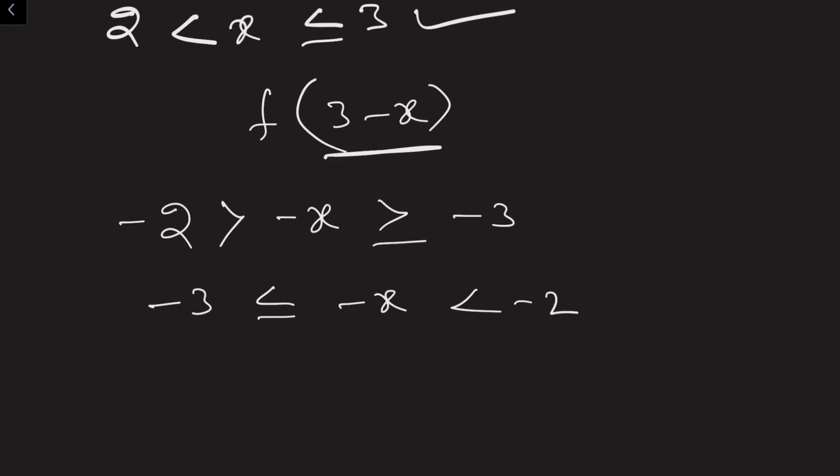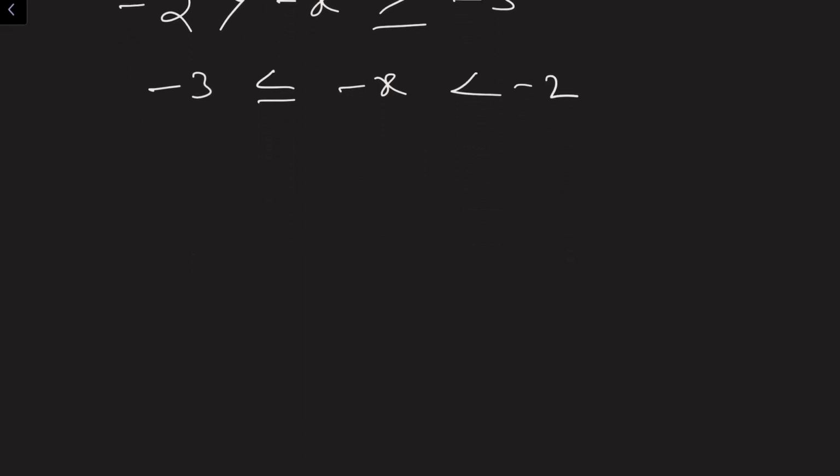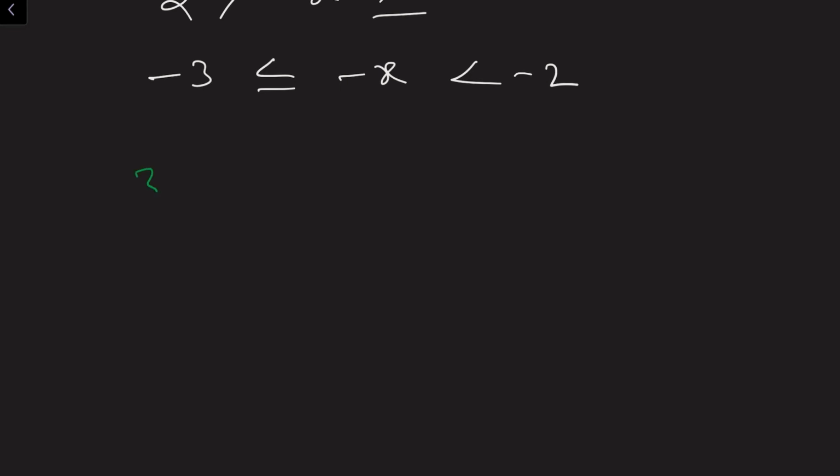Now here I want 3 minus x, so for that I am adding 3. Then it will become 3 minus 3 less than or equals to 3 minus x less than 3 minus 2. So we remain with 0 less than or equals to 3 minus x less than 1. So 0 to 1 means again the first condition.